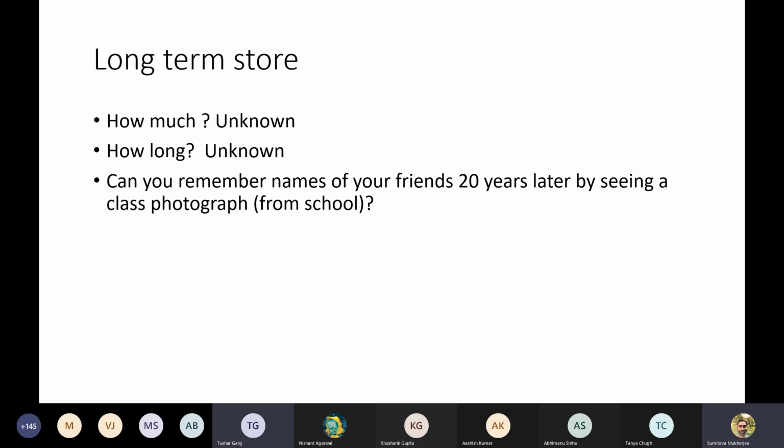Generally, those names, 10 or 12 maximum. I'm saying those with whom we had contact for a long time, or those who were our friends at that time, not the whole class.